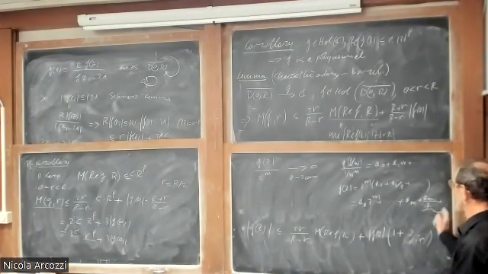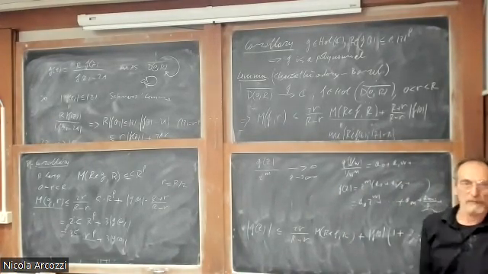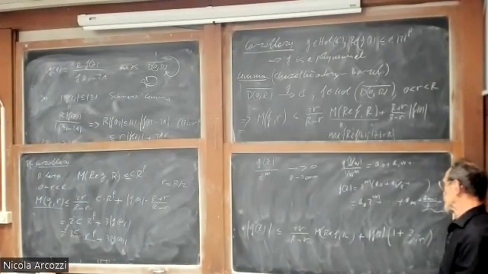But all of these terms, they have to vanish because the function is holomorphic in a neighborhood of 0. Right?